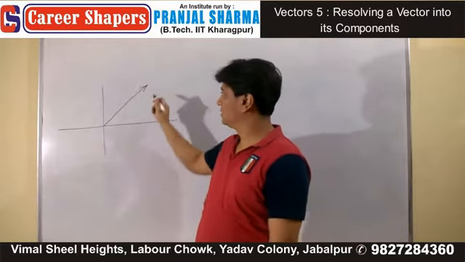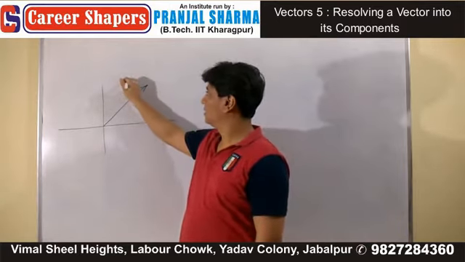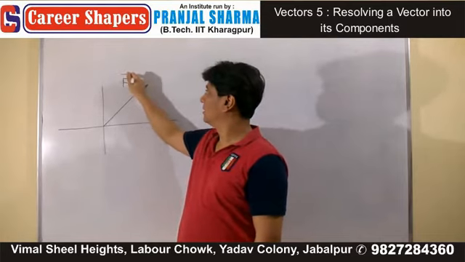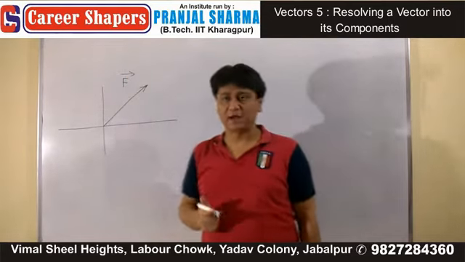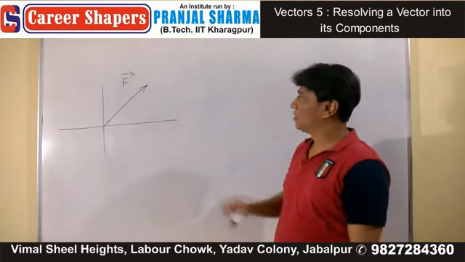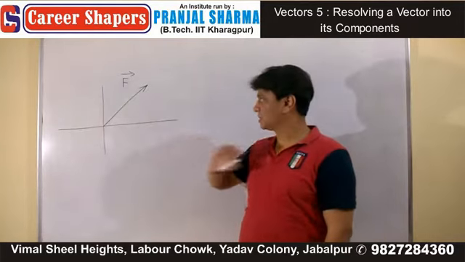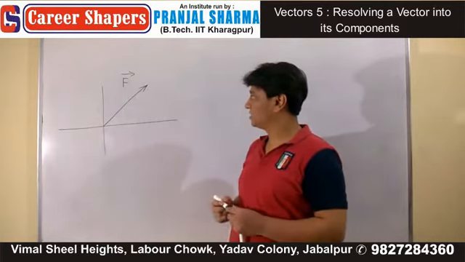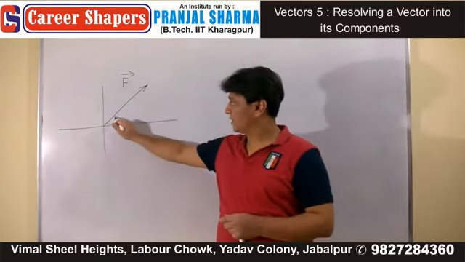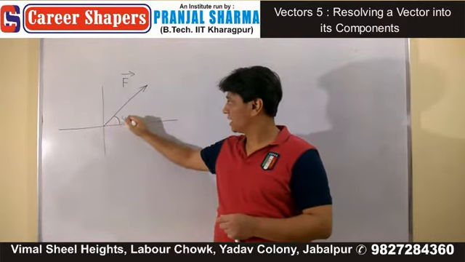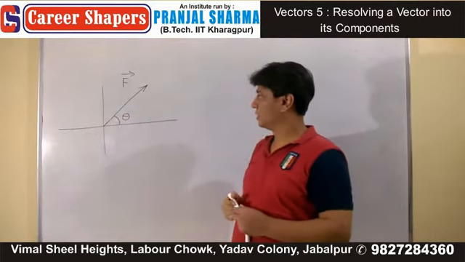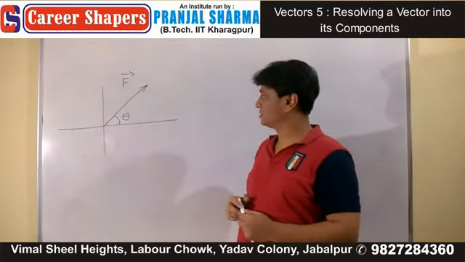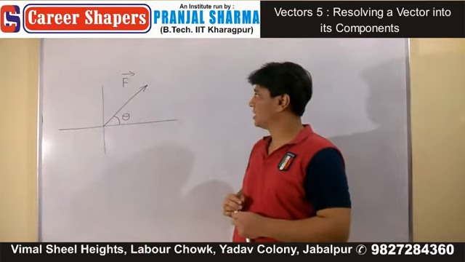We have a vector. Let's say this is the F vector. We have done these things in the last class, but again, a fast revision. This F vector is making an angle of theta to the horizontal axis, which is the x-axis.